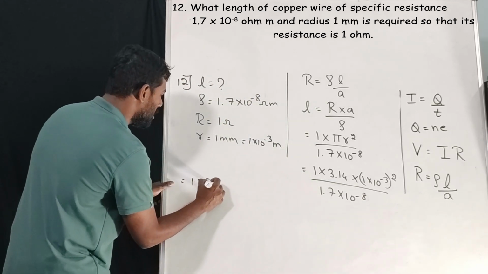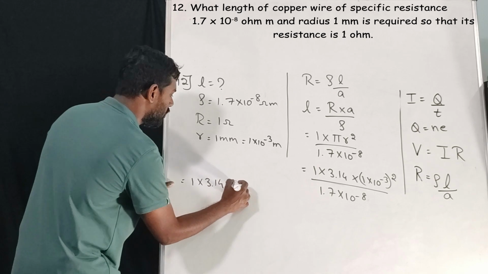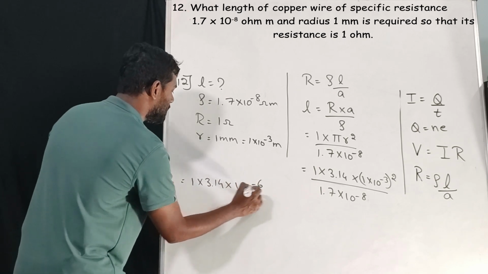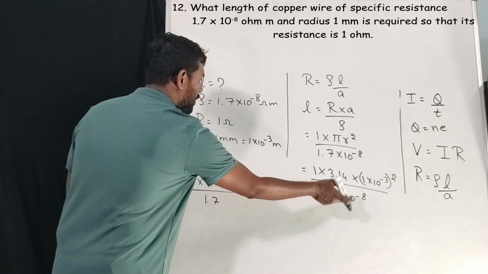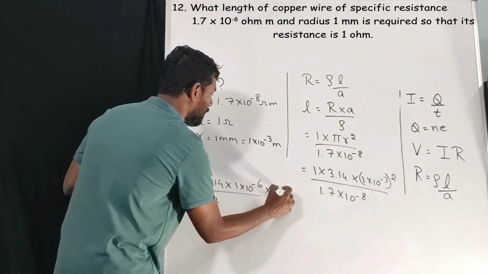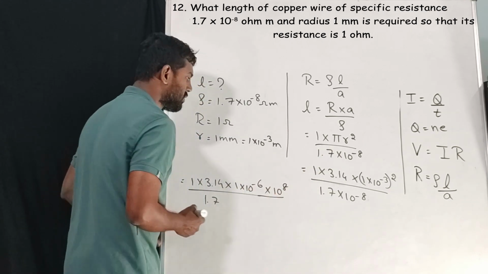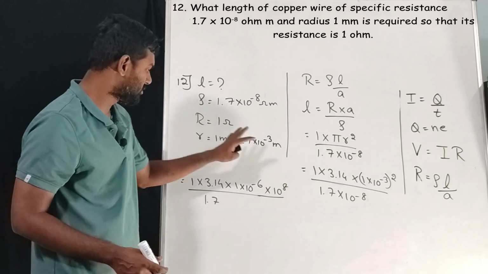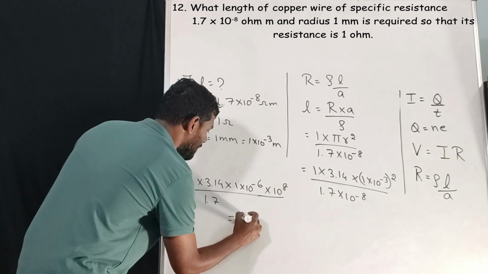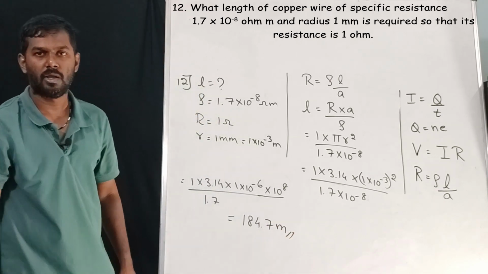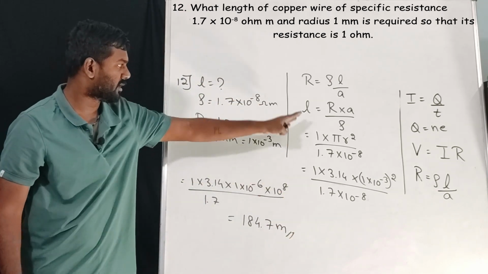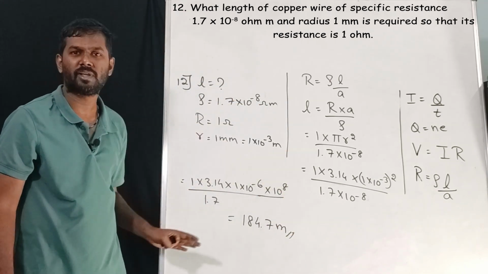So 1 into 3.14 into 1 into 10 power minus 6 divided by 1.7. I'll send this 10 power minus 8 to the numerator, that becomes plus 8. So if you solve all these things, the answer will be 184.7 meter. That's it. So if you know the logic, substitute the proper values, go for the calculation.